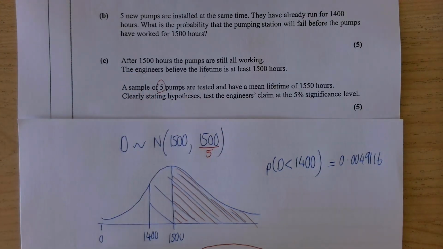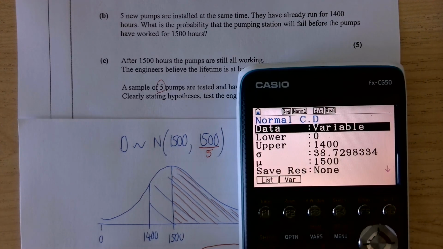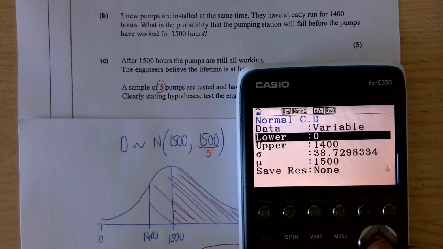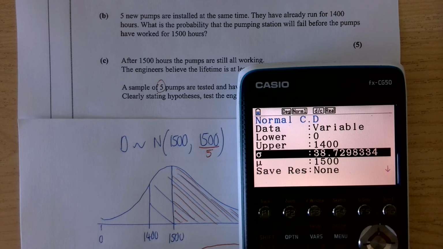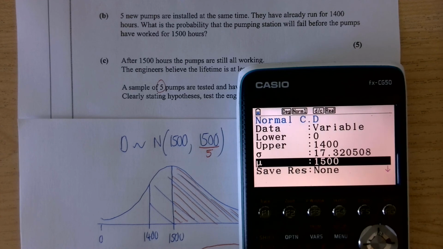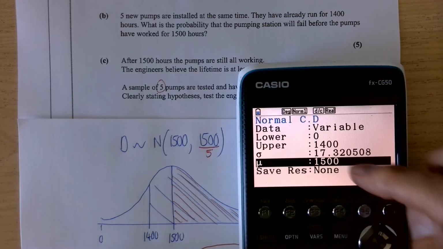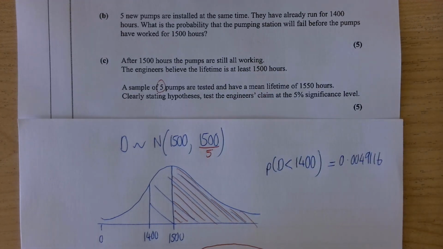So when I come to use my calculator in that question, I need to make sure that 1500 is still the mean, but that is going to be the square root of, and I think you need brackets here, the square root of 1500 divided by 5. There we go. So that's the values. Lower and upper will be different, but that's how you type in that for that part C. Hopefully you can check your answers in the mark scheme.